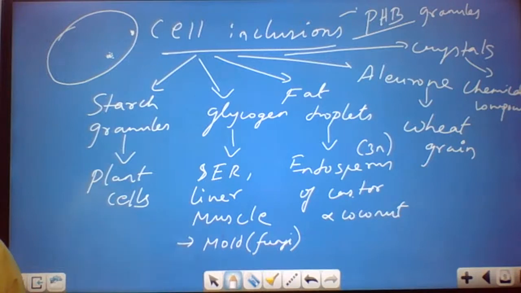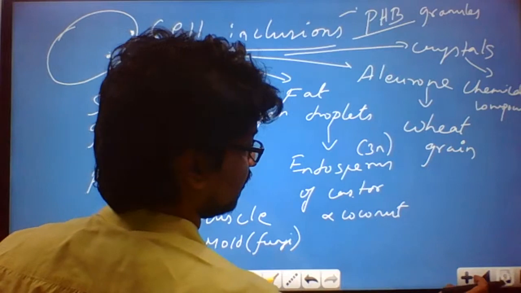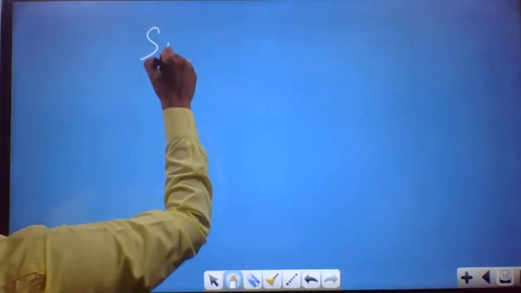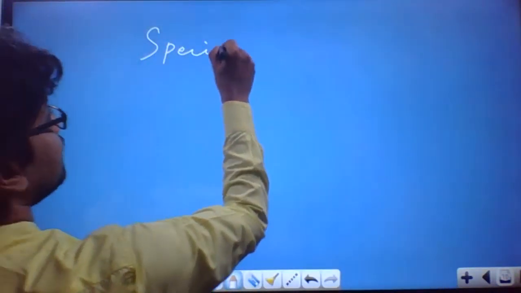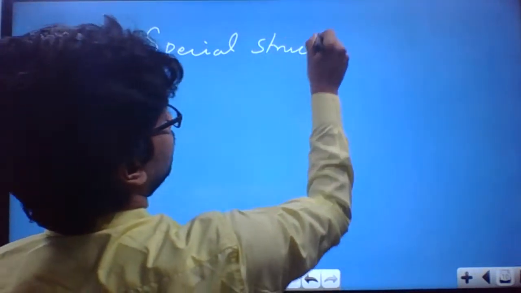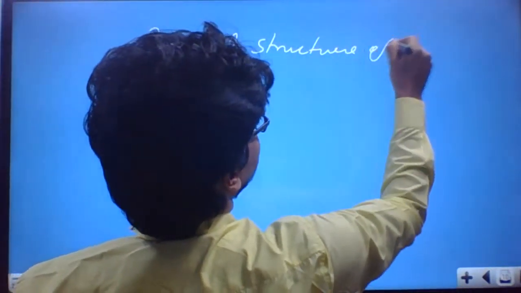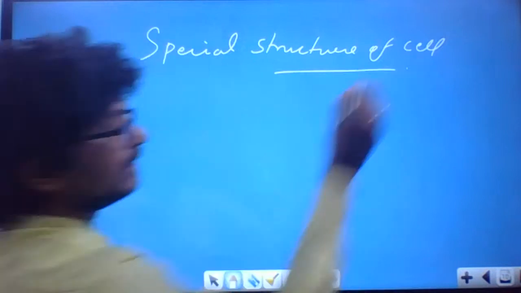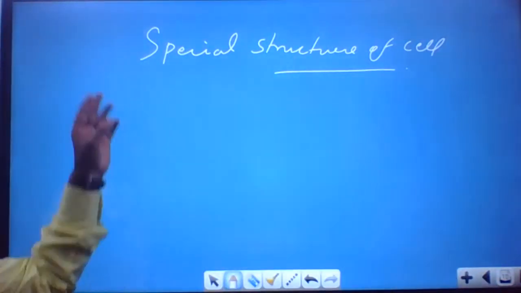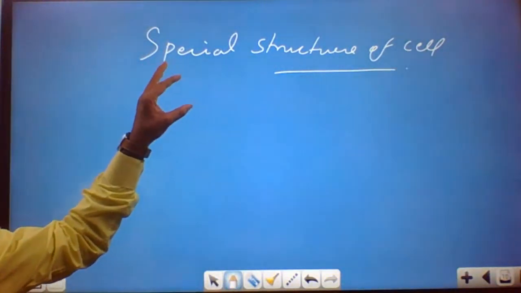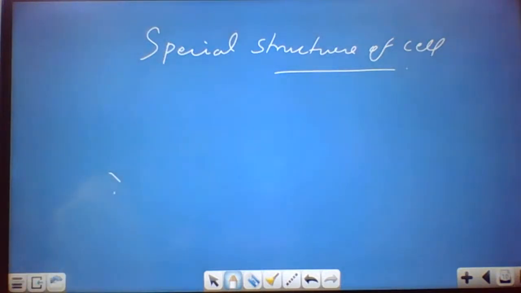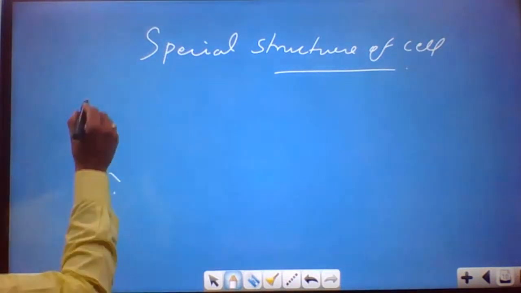Next we move on to the special structures of the cell. Talking of the special structures of the cell, we have the centrosome.